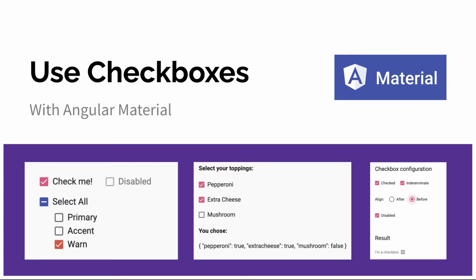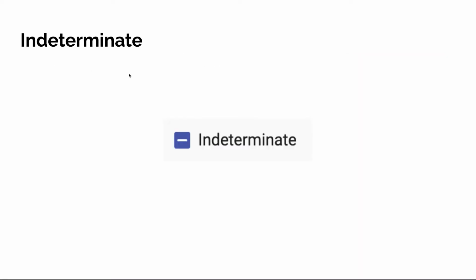In this video, I will show you how to use checkboxes with Angular Material. So let me show you what I am going to cover in this video. I will show you how to use the indeterminate mode for the checkbox, and you will see how to disable a checkbox.